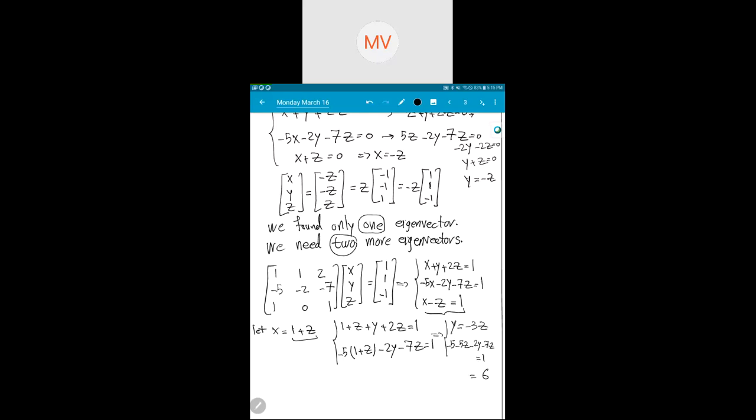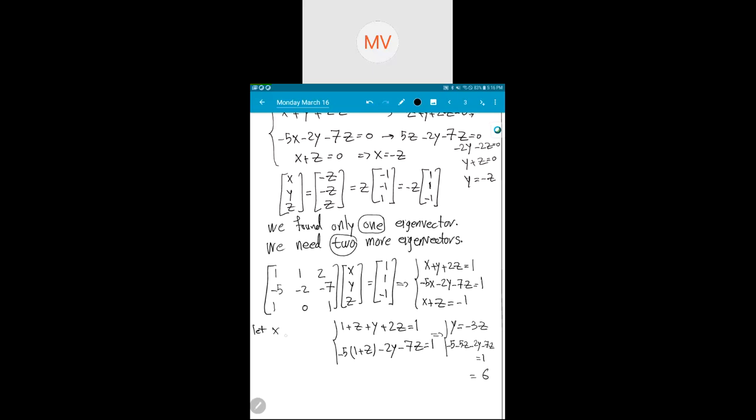Hold on. Someone is asking this question: should the last equation be equal to minus 1? Which one? Oh, you're right. You're absolutely right. So this should be x plus z equals minus 1. So x plus z equals negative 1. That changes things. Then we have x equals minus 1 minus z.